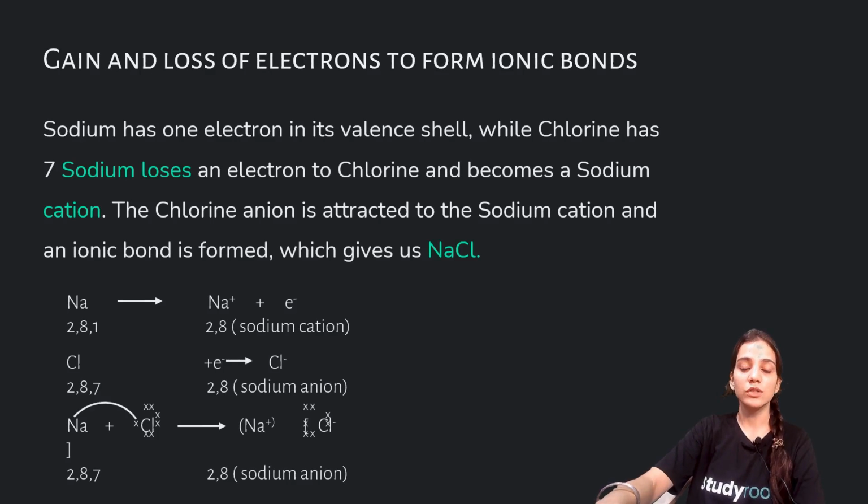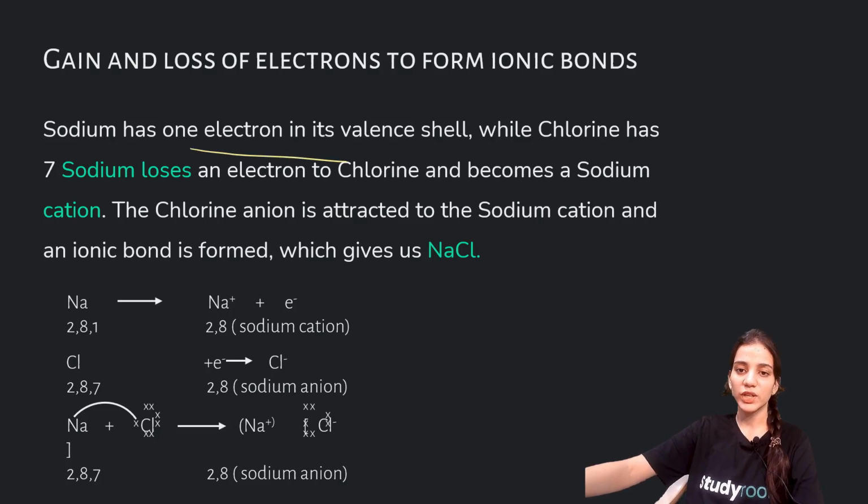Now, gain and loss of electrons to form ionic bonds. As we saw in the previous example, sodium has 1 electron in its valence shell, whereas chlorine or fluorine, being of the same family, will always have 7 electrons in their outermost shell.